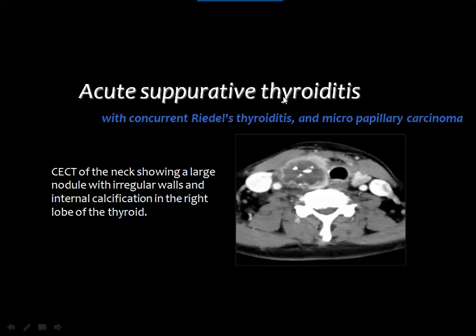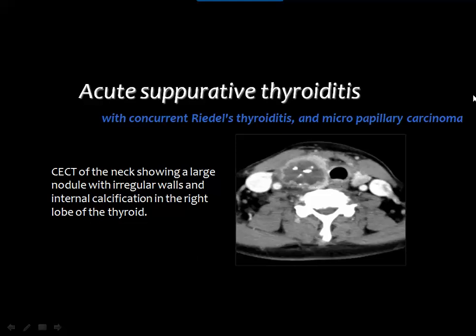In this particular example, you see acute suppurative thyroiditis with radial thyroiditis and on top of that micropapillary carcinoma as well. But all you see in the imaging finding is a lesion which is marginally enhancing with necrotic center and matrix calcification.